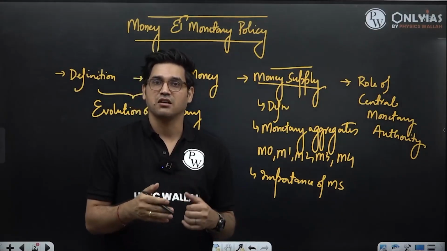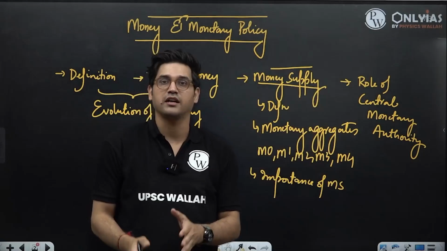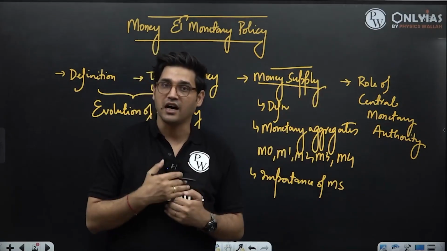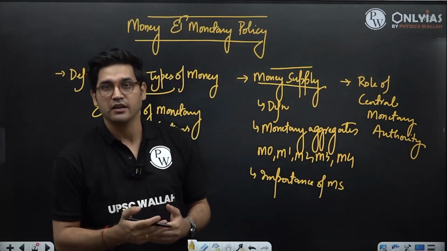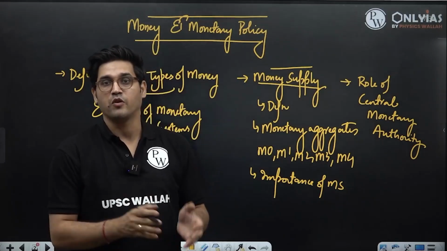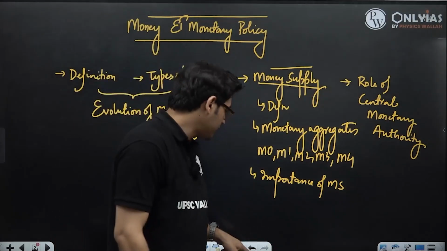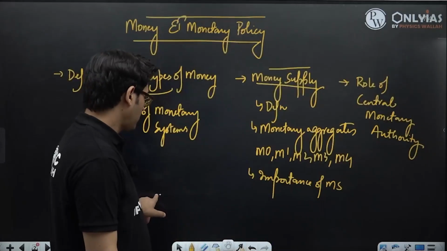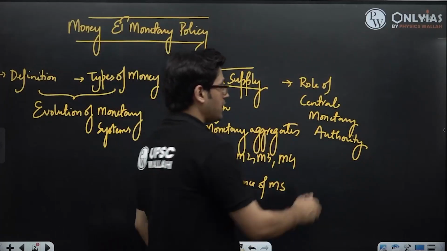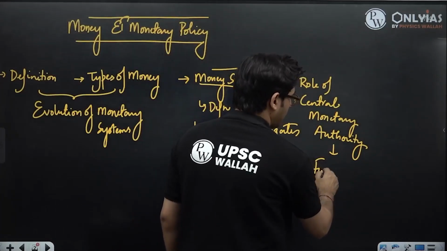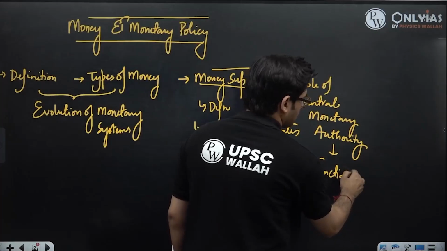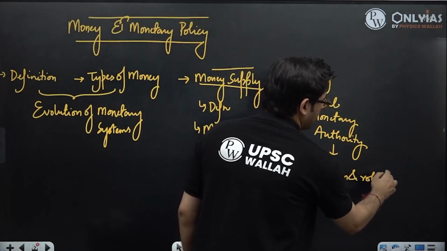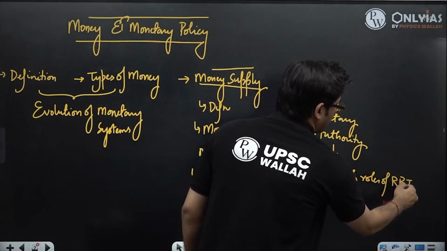In some cases, we call the central monetary authority a central bank also. In our case, we call our central bank the Reserve Bank of India. So what we'll have to discuss in here is, firstly, what are the functions and roles of the Reserve Bank of India.